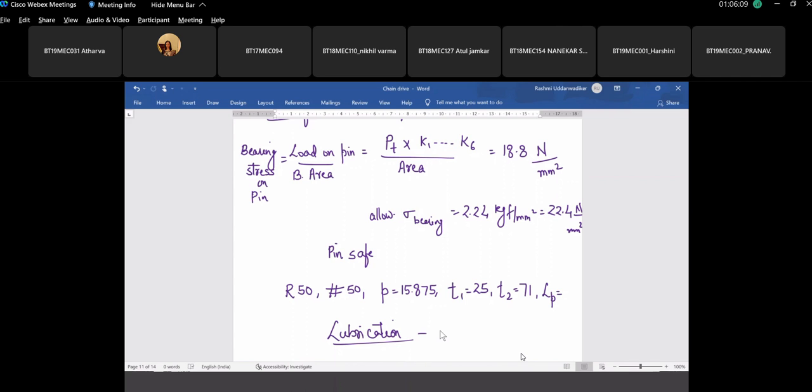Type 2. So it is type 2 lubrication. This you must mention. So for different values of pitch, the type of lubrication is given, and it is important to mention what type of lubrication is there.